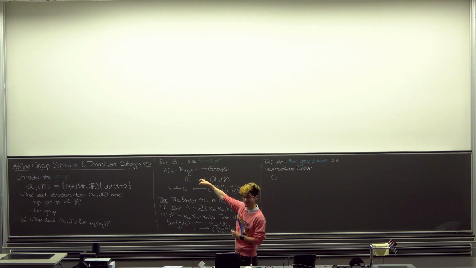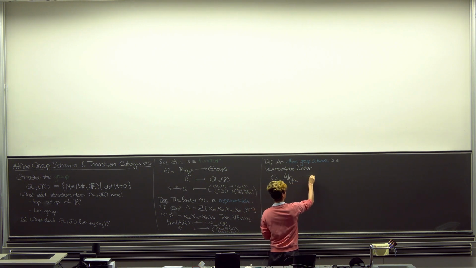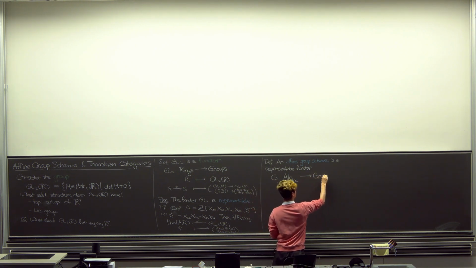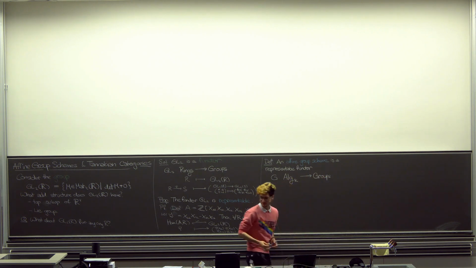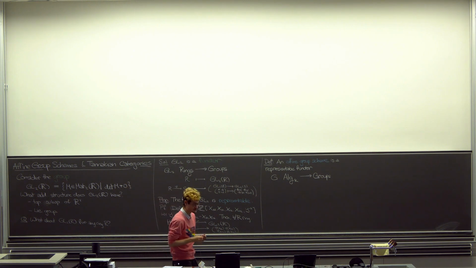which may go from the rings, but we can actually do a bit more. We can say that an affine group scheme is a functor which goes from the category of K-algebras to the category of groups. K-algebras are just K-vector spaces which also have a ring structure, and the ring structure is just compatible with the K-vector space structure.